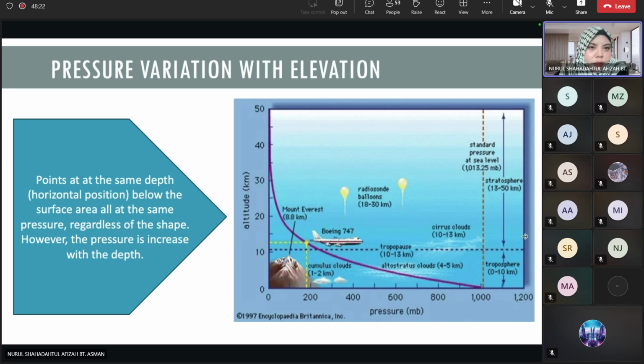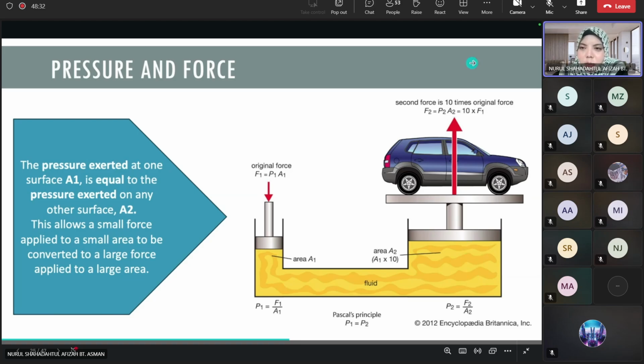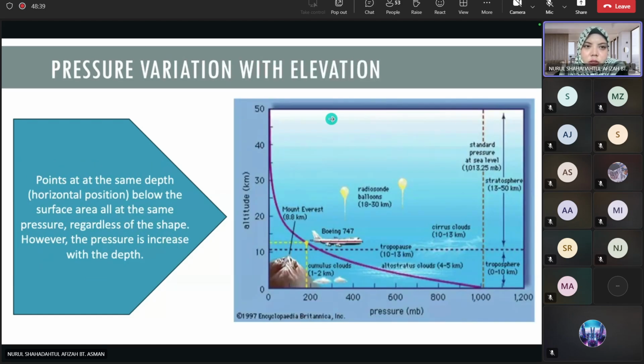And then next example is pressure variation with elevation. Kalau tadi correlation with the area and force, force dia makin besar lah bila area tu membesar juga kan. This one, elevation. So points at the same level below the surface are all at the same pressure regardless of the shape.